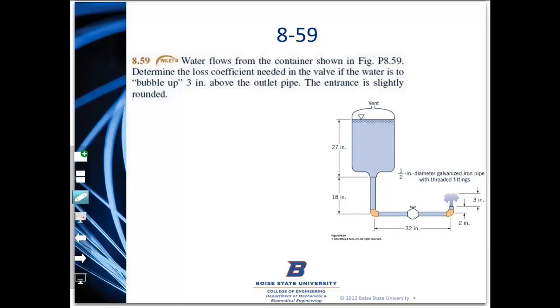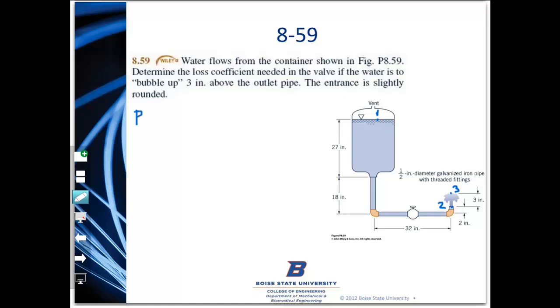Let me identify some key points here since I'm going to use the energy equation. I'm going to name this point here as 1 and this point here as 2 and then the top of this flow as 3. Okay, so let's write the Bernoulli equation from 2 to 3.